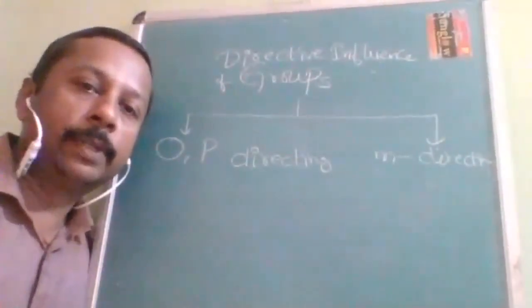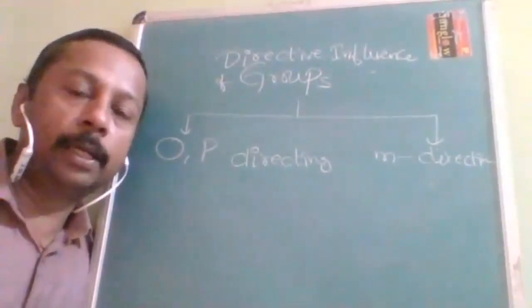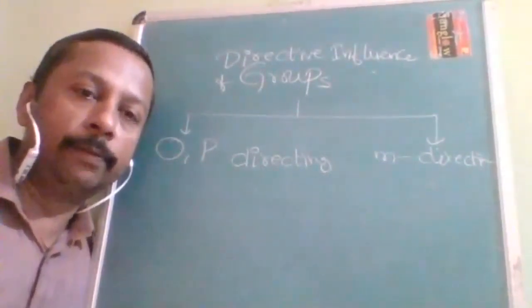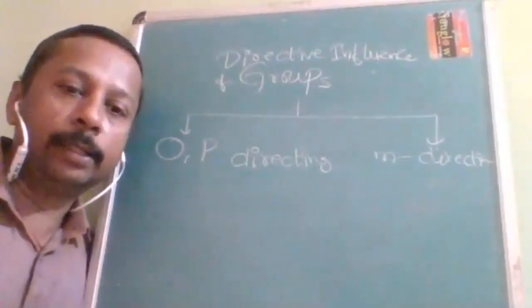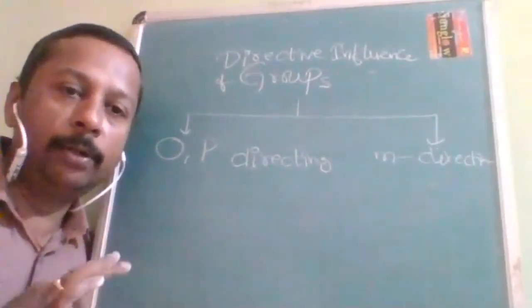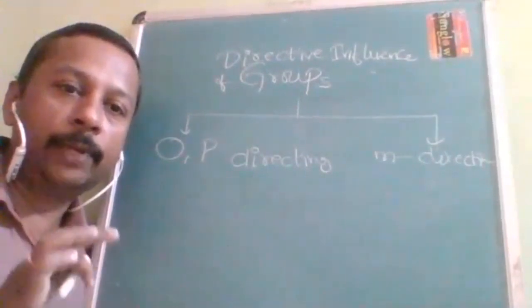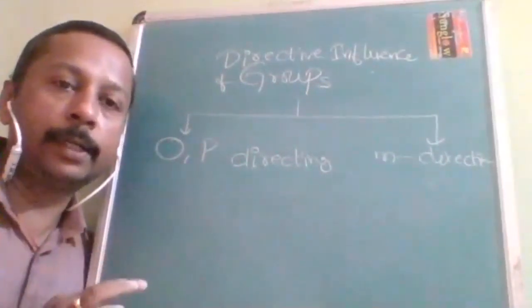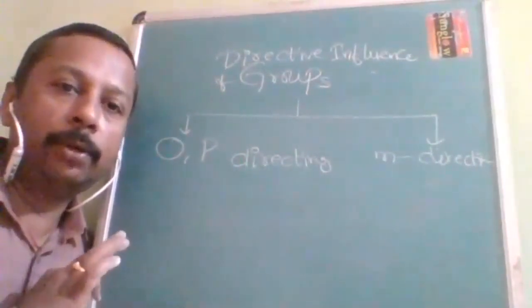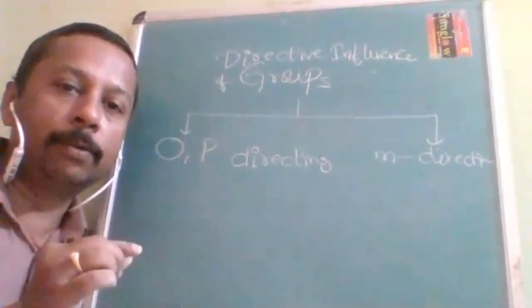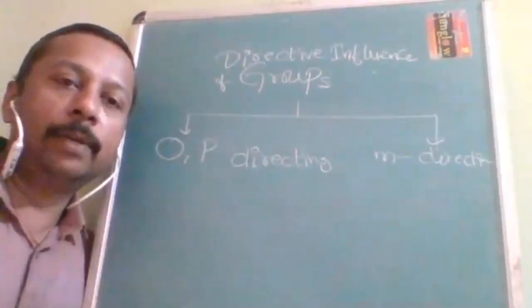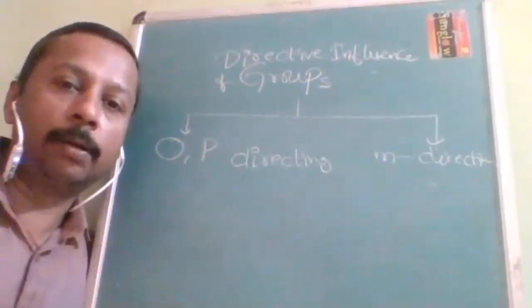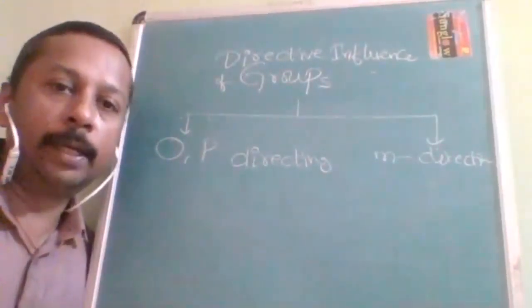But which is OP directing and which is M directing, there is a lot of confusion among the student community and they are not able to mug up the things. With me, you need not mug up. If you follow my shortcut, you give a functional group or a substituent, and we will immediately understand whether it is ortho para directing or meta directing.